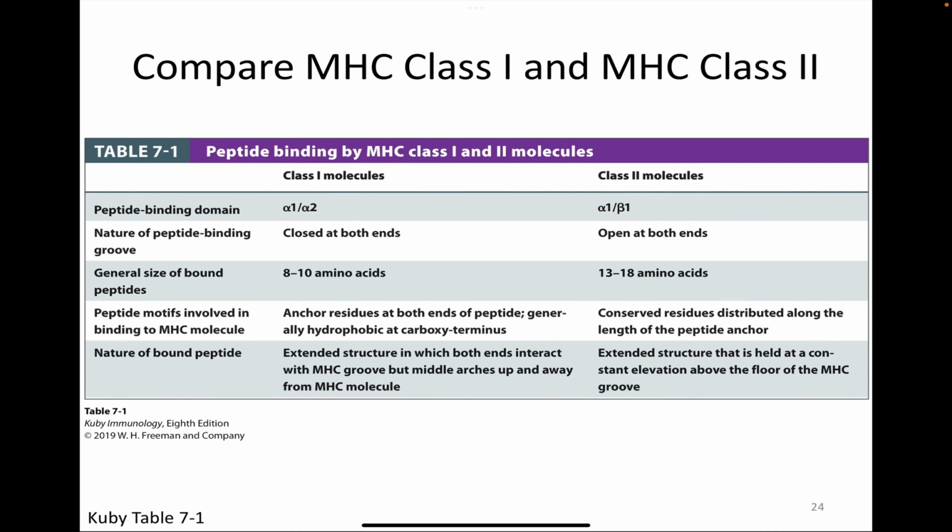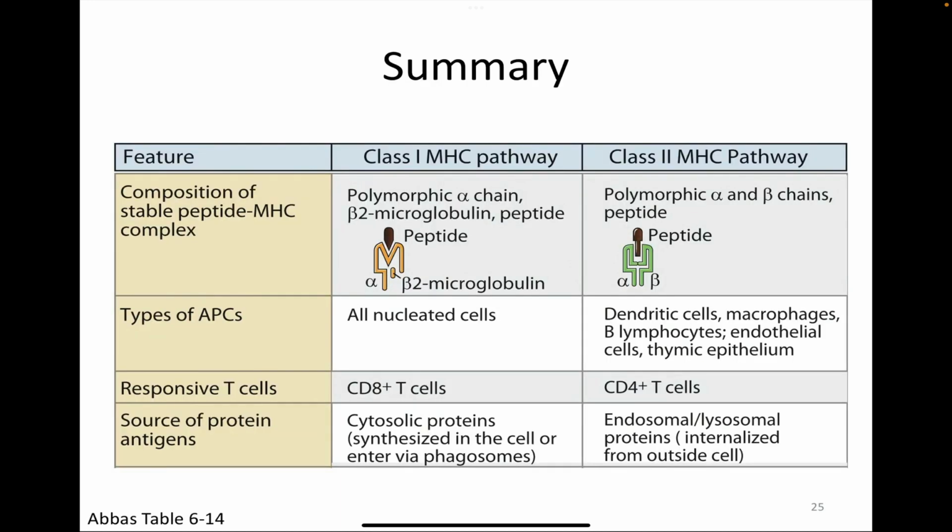This is everything I basically told you about class 1 and class 2 in terms of compare and contrast: the structure and function, as well as which T cell they present to, which cells do it, all of those kinds of things. So these may be very helpful for your studying.